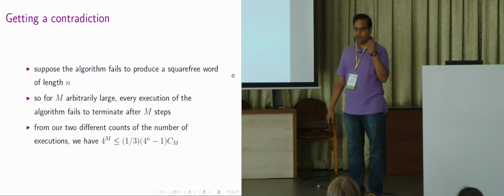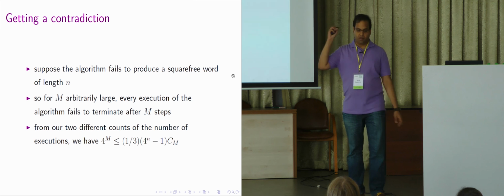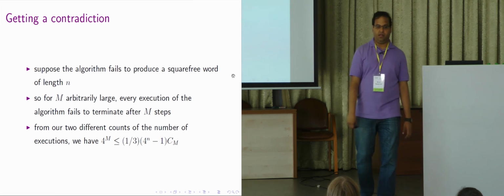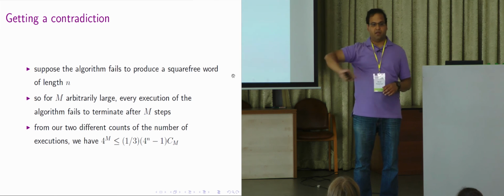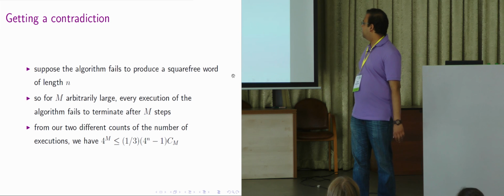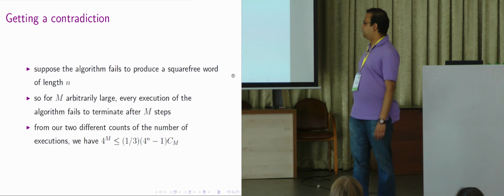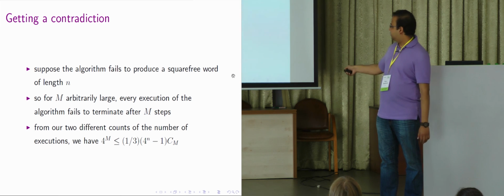Okay, so now here's the proof by contradiction. Suppose the algorithm fails to produce a square free word of length n. So I let it run for a long, long time, and it fails to produce a square free word of length n. Well, I know that if it runs for m steps, there are this many executions of the algorithm.